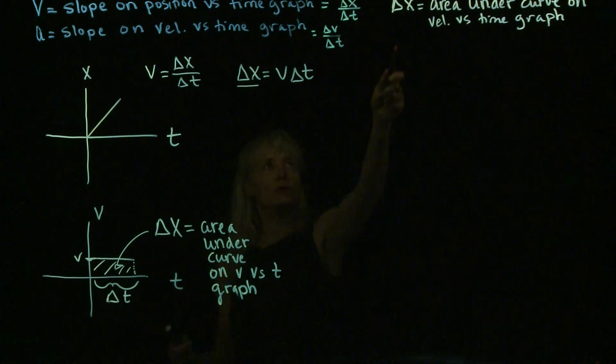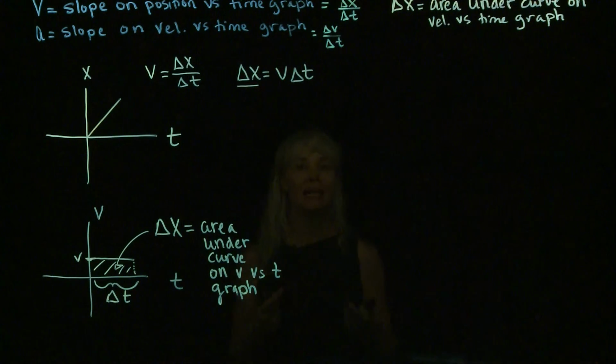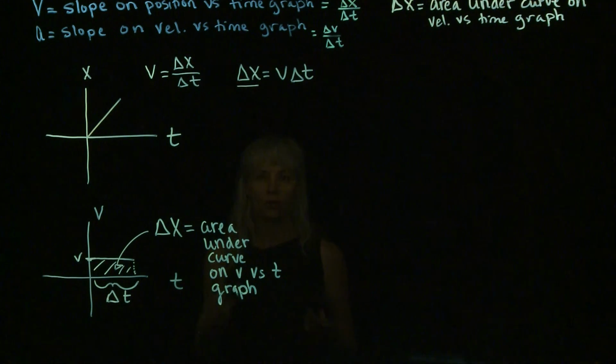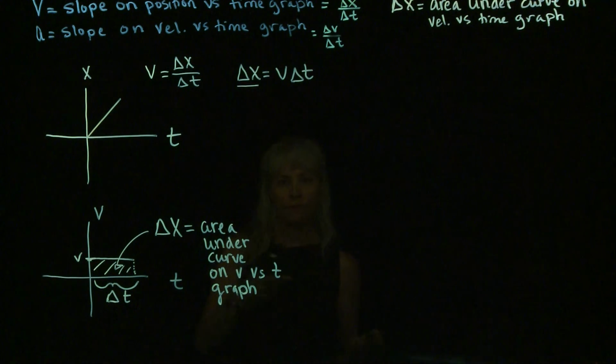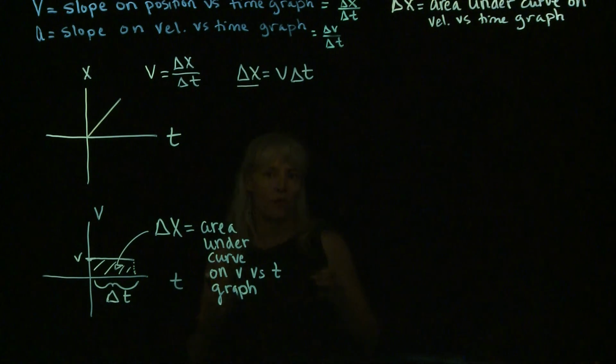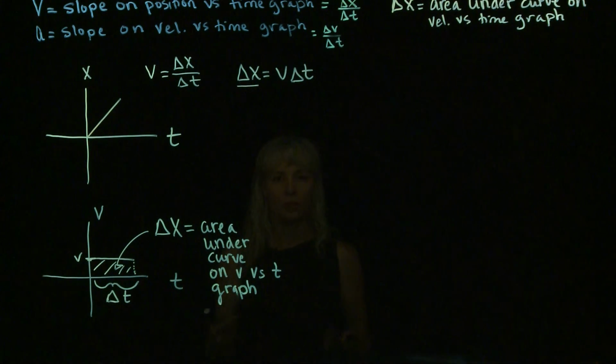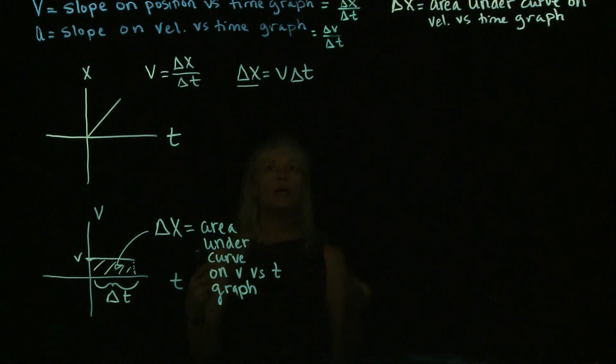And so therefore our displacement would be negative, which would make sense because if we're traveling in the negative direction, our final position is going to be more negative than our initial position. So if we take the displacement, final position minus the initial position, then we're going to get some negative quantity for the displacement. Okay? So it can be positive or it could be negative, as we've talked about in earlier videos.